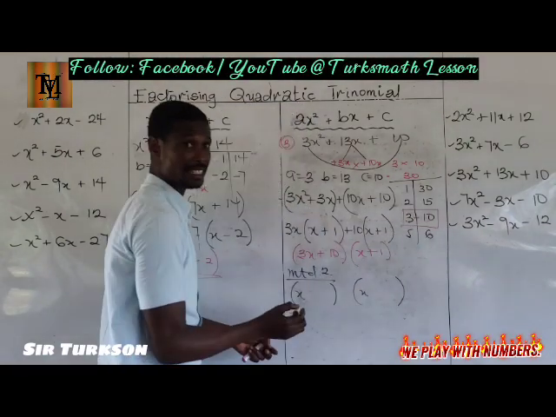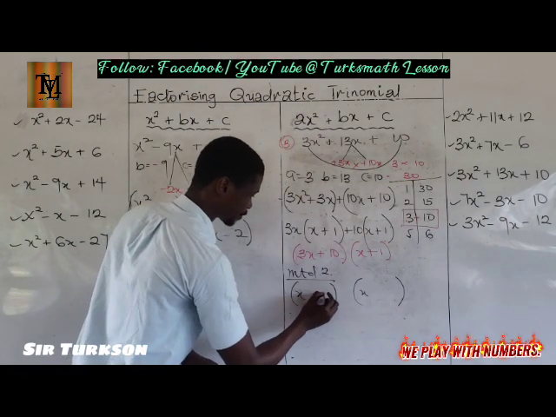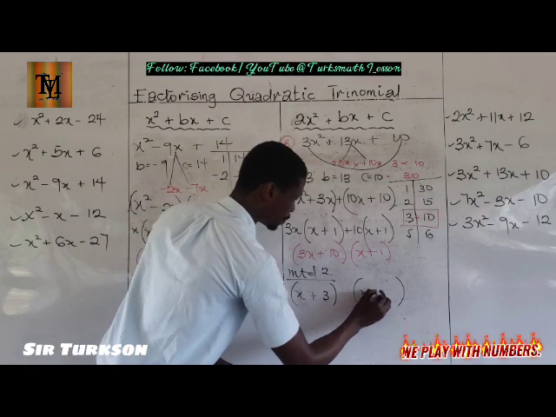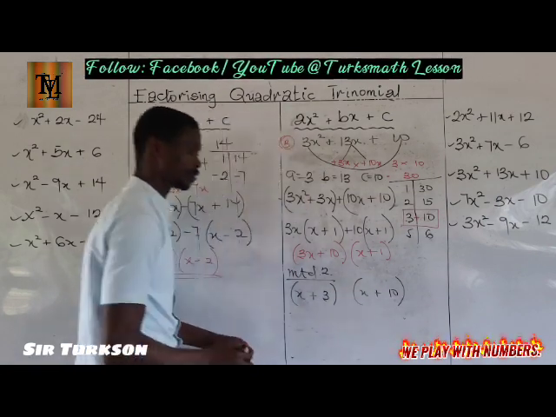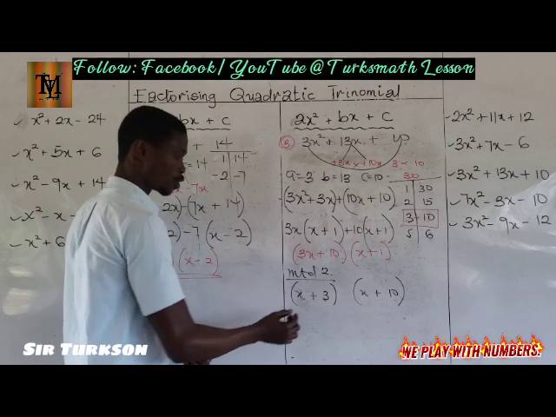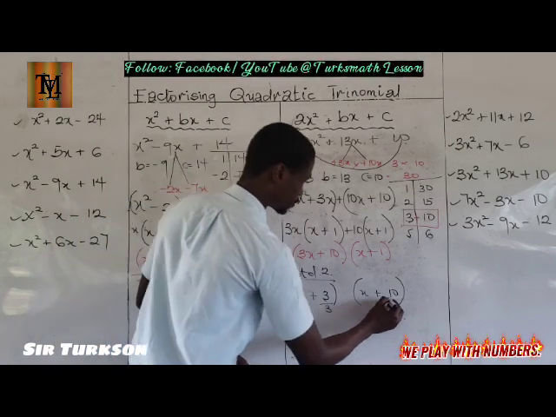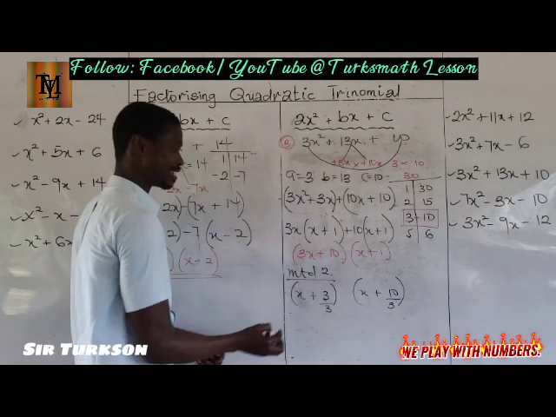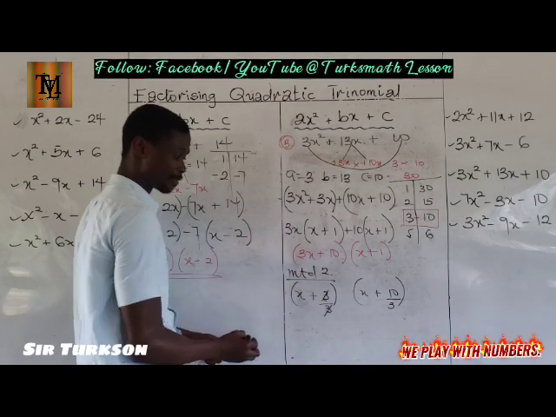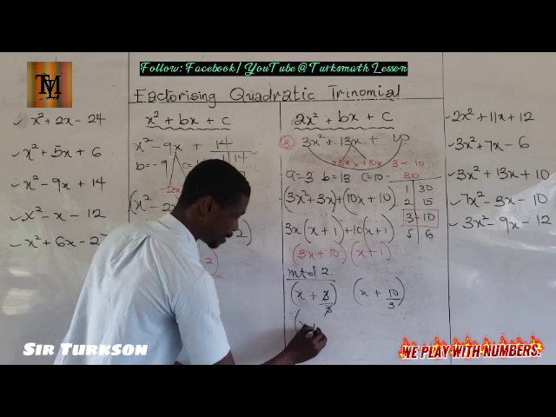They are all positive, isn't it? So you have plus 3 plus 10. Are you getting it? So you divide both sides by the coefficient of 3. So you realize that this will take out this, right? Yes. So you're going to have X plus 1.